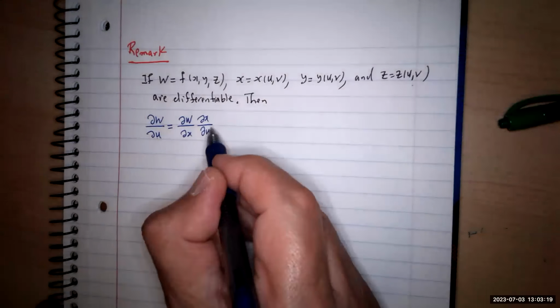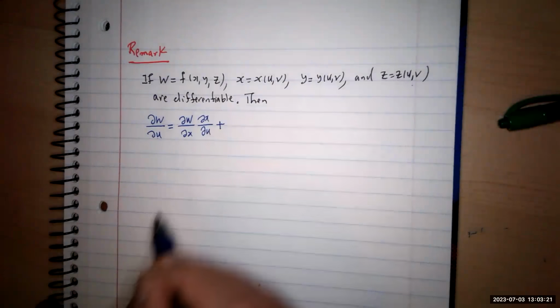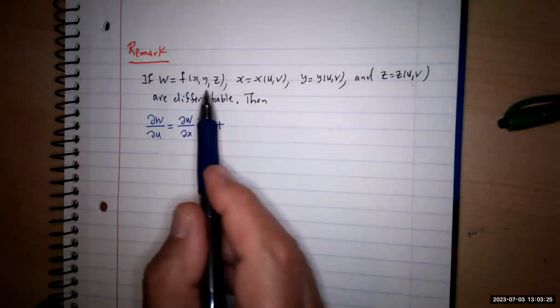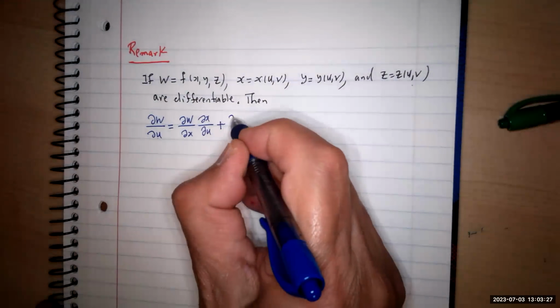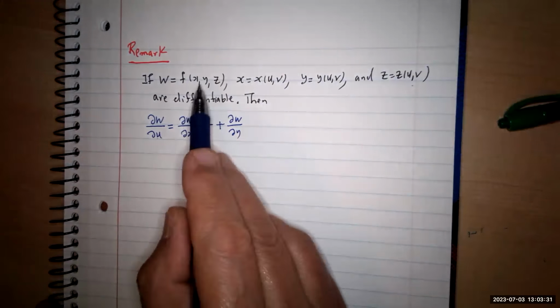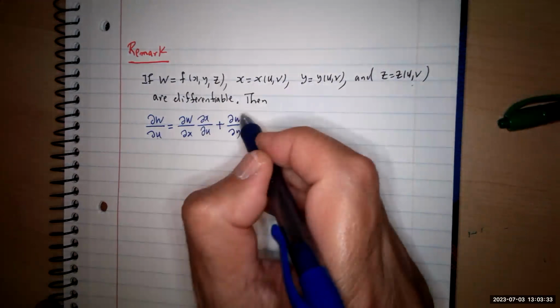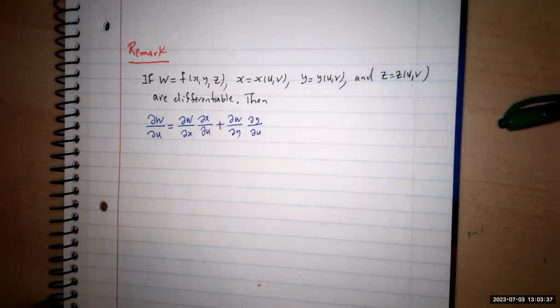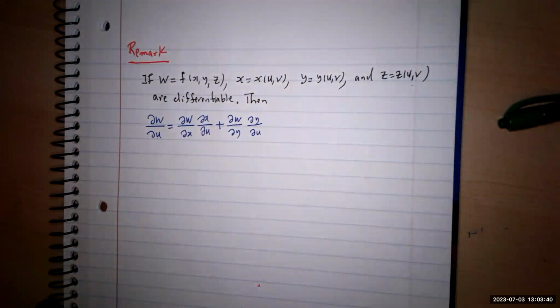It's a differential type, so plus. Repeat it again. W is a function of y, so it's going to be round w round y. But y is a function of u as well, so it's going to be round y round u. That's the second one. Any question? But we have one more variable.